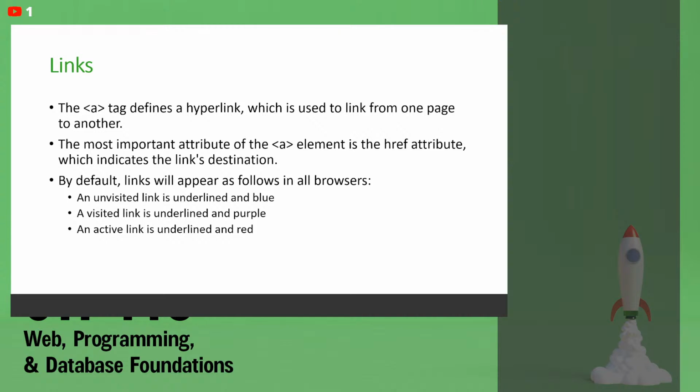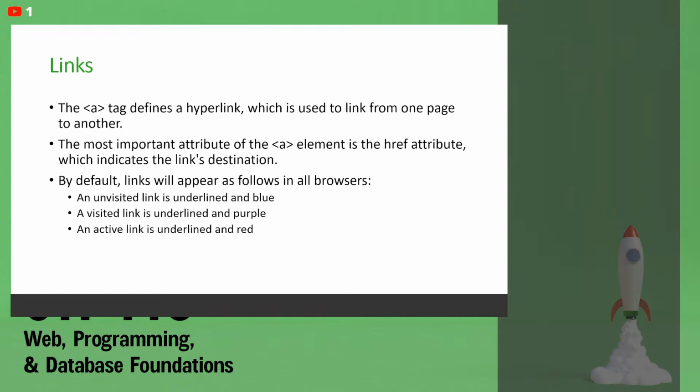Which is why we say that we don't really want to make just regular text on a website underlined and blue in color, because then it looks like a link. So by default, somebody might think that something's a link if it looks like a link when it might not be clickable.